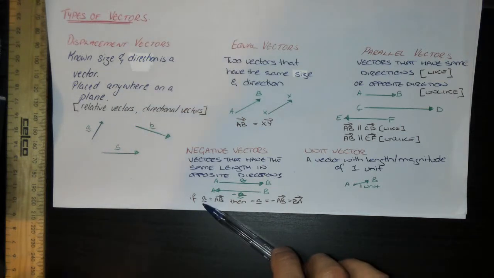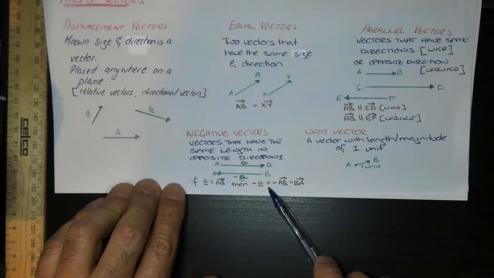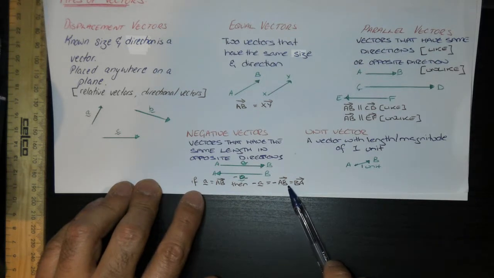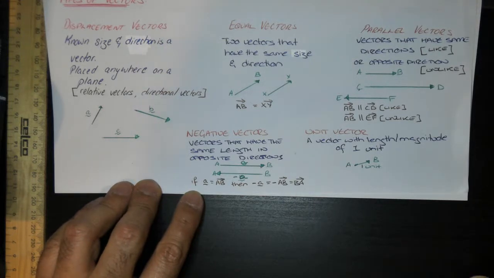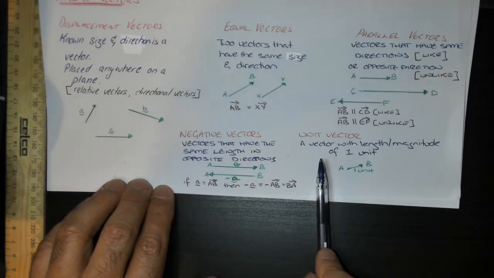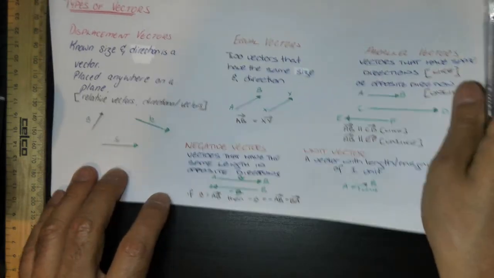So if vector A is equal to AB, then negative vector A is equal to negative AB, which is equal to BA, telling you which way the direction is going. A unit vector is basically a vector with a length or magnitude of 1 unit. Okay.